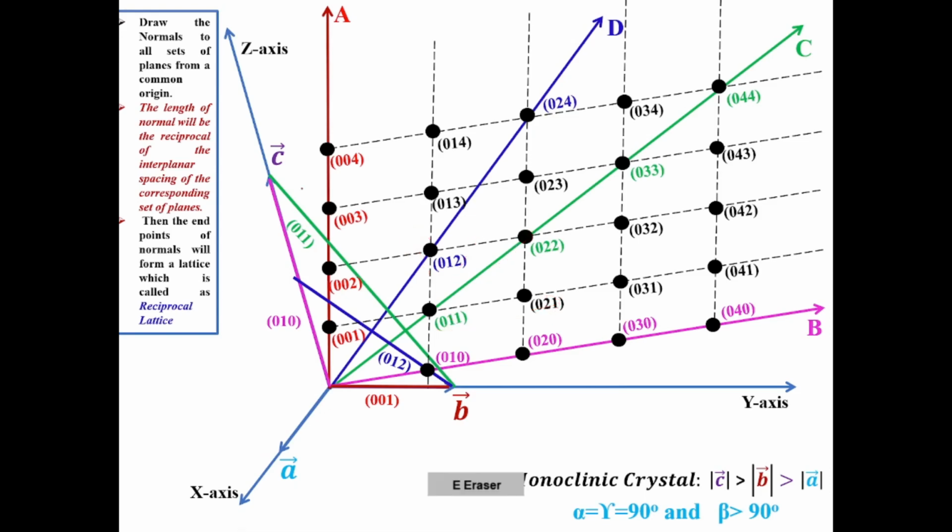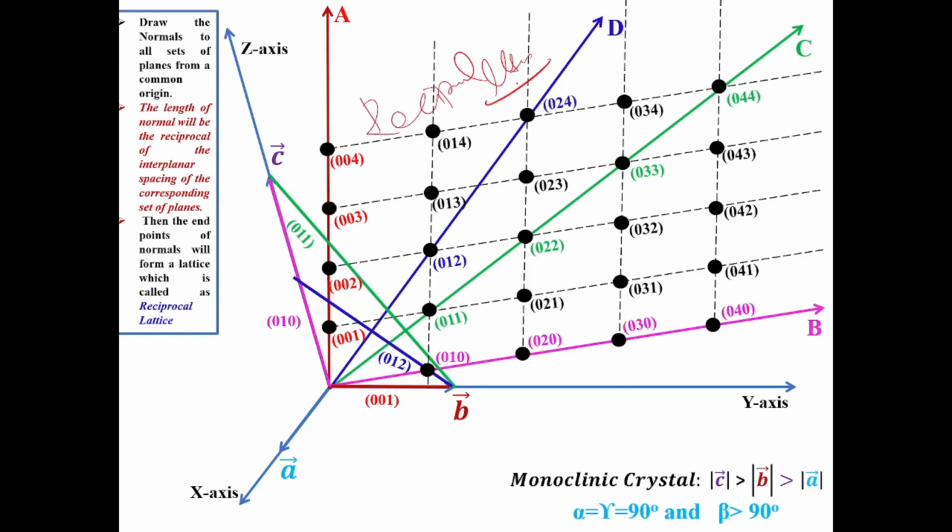Periodic repetition means we can call this a lattice. This repetition of points is called the lattice, and we found it by considering the planes in the direct lattice and drawing the normals, following the procedure we discussed. This is called your reciprocal lattice.